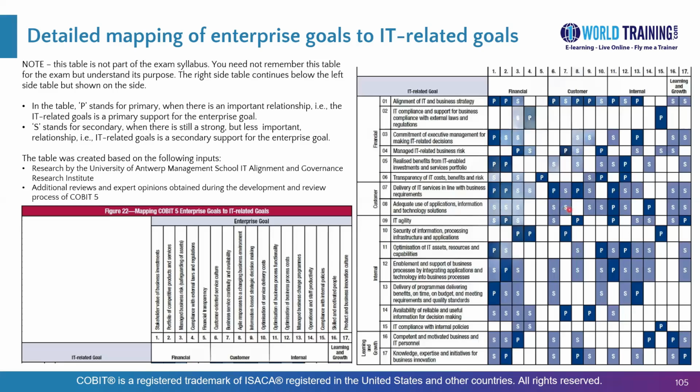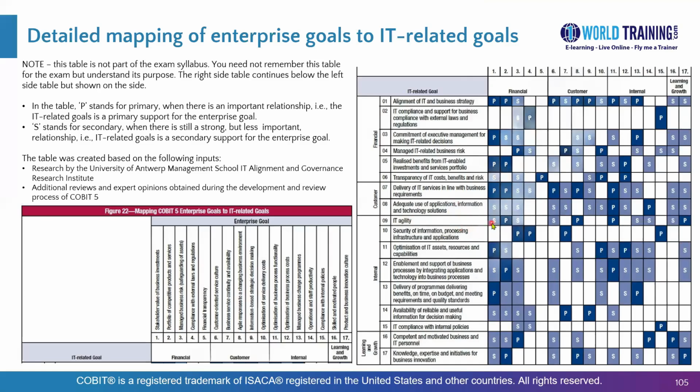Now, this table can also be looked at in a slightly different way. So, for example, let's say I pick up IT goal number 9, IT agility, you can see there are several S's and P's here on that row. So there are 1, 2, 3, 4, 5, 6 S's, and then there are 1, 2, 3, 4 P's. And that will tell us IT agility is connected either in a primary relationship or a secondary relationship with several enterprise goals.